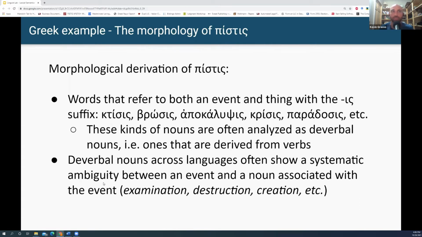A ton of work has been done on this. Basically, whenever you derive a word from another word, the word that you're deriving from doesn't just go away. That's the idea. So whatever semantics you would apply to that word is going to affect the semantics of the word that you form.